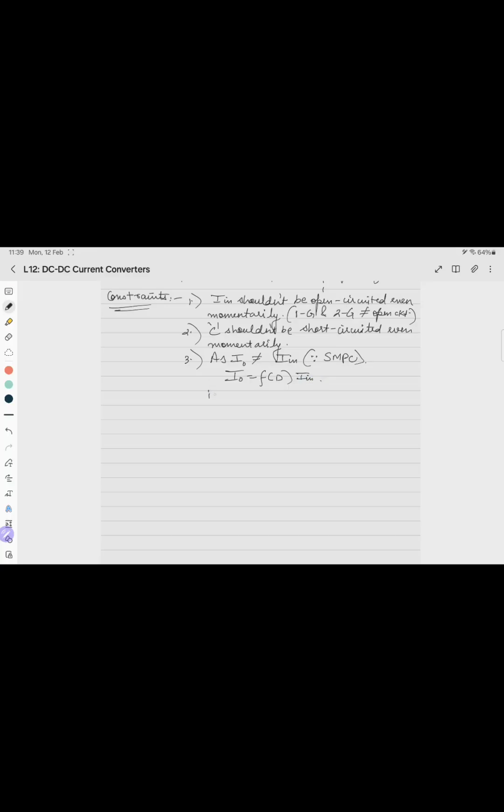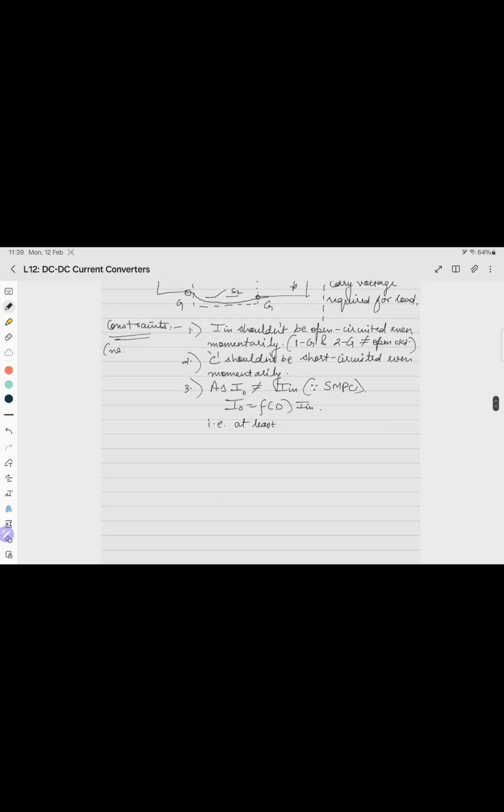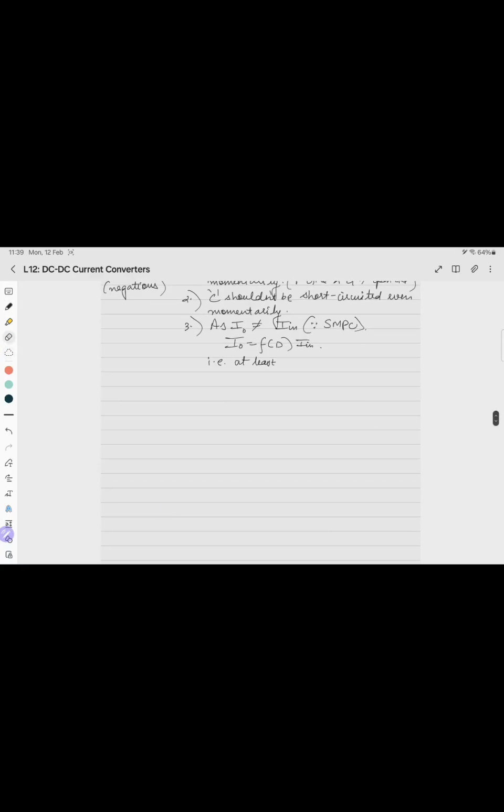Let me put it in terms of negative statements, or negations: switches S1 and S2 cannot be directly placed between nodes 1 and 2.